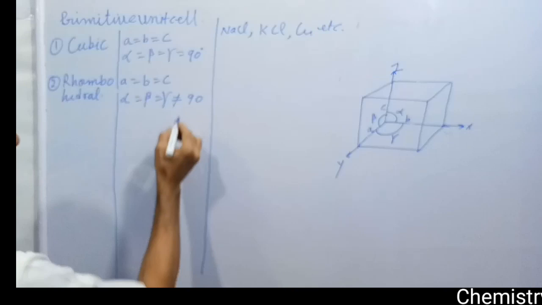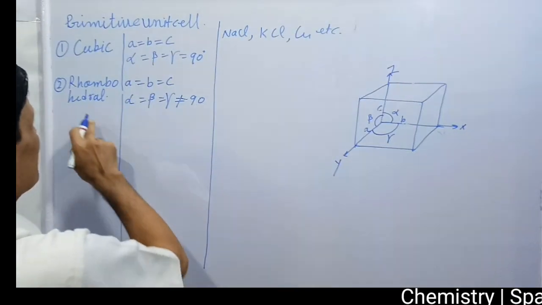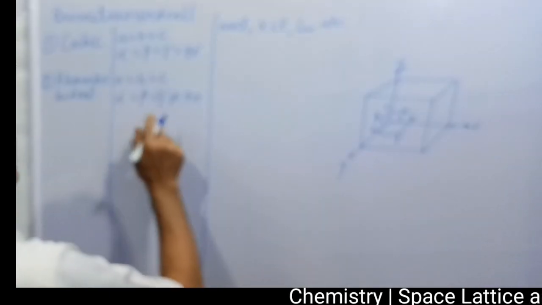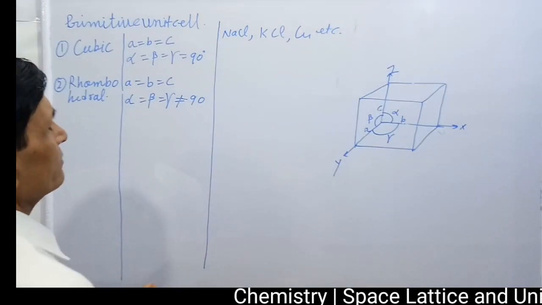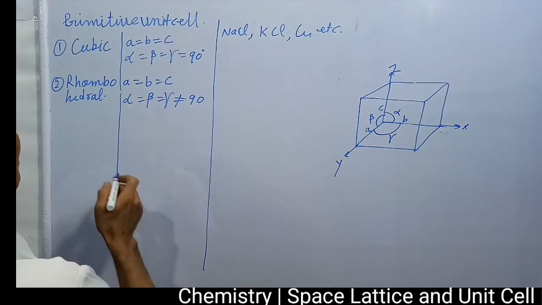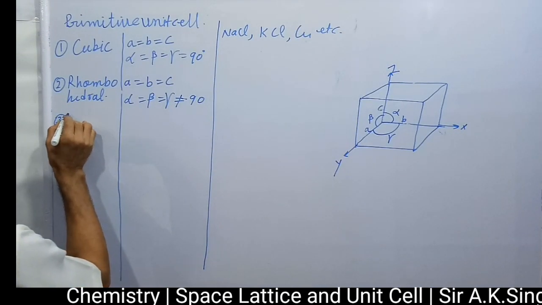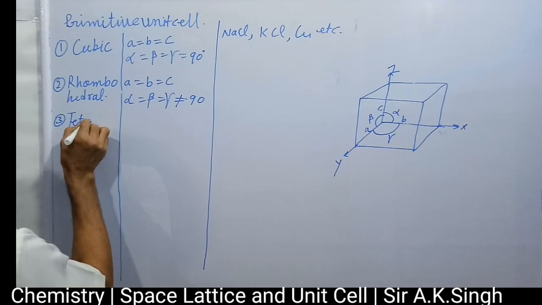Examples of this are rhombic sulfur and others. Number 3, tetragonal.